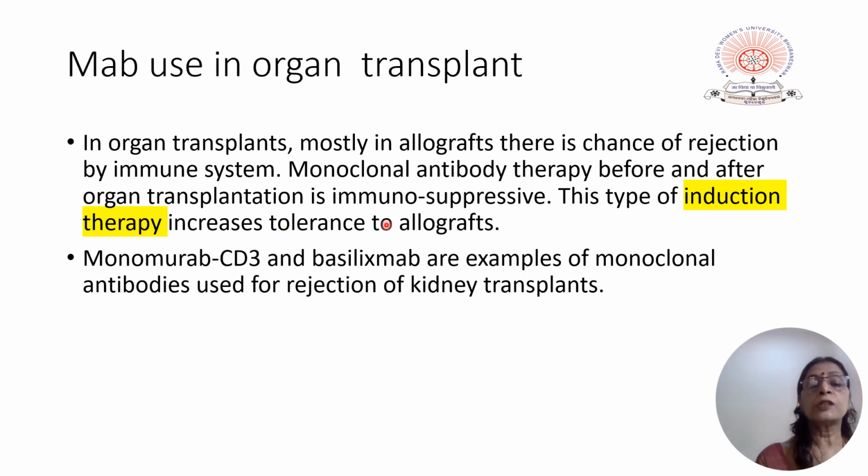They are immunosuppressive by nature and they prevent allograft rejection, or at least they reduce the chance of allograft rejection by the immune system. This type of therapy is called induction therapy, and it increases the tolerance to allografts. And these are two MABs which are used in kidney transplant patients to prevent the rejection of the transplanted kidney.